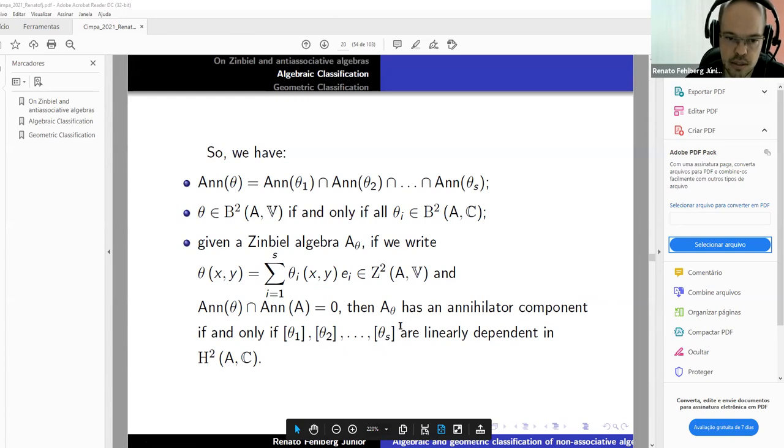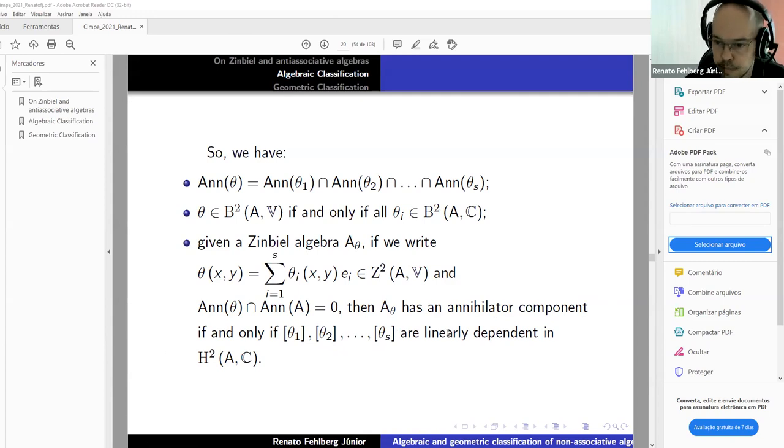So we have a criterion to avoid the central extensions that have an annihilator component.